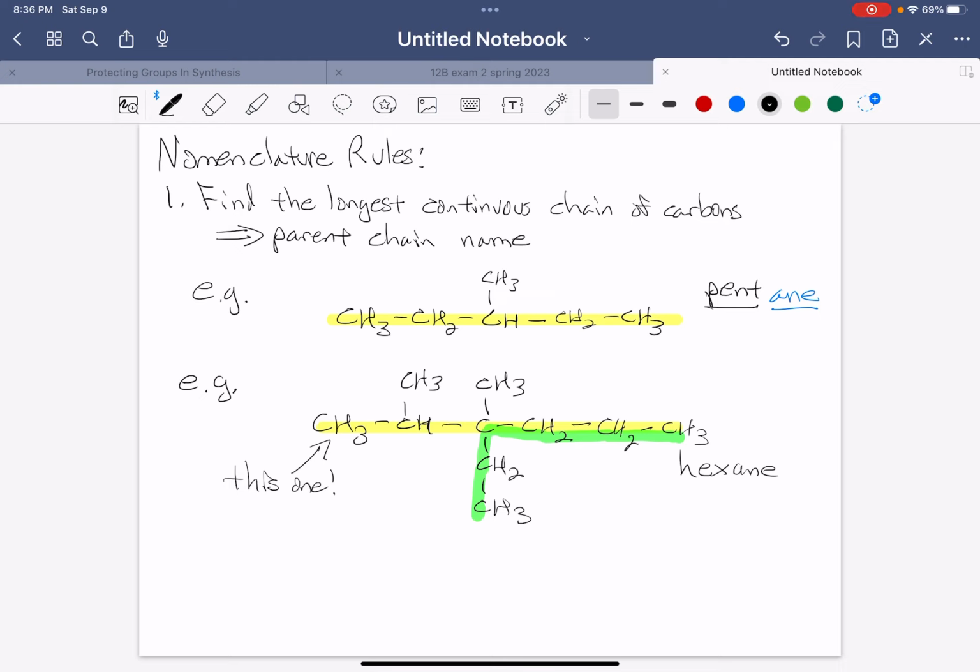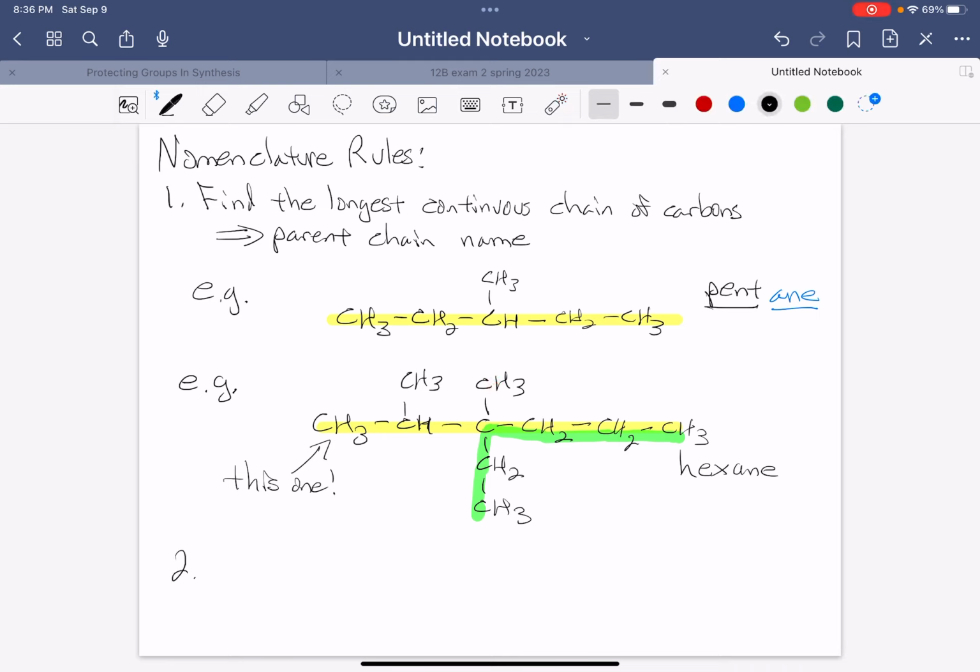Our green one here just has 2 substituents. One of those substituents has another branch, but our yellow one has 3 substituents.